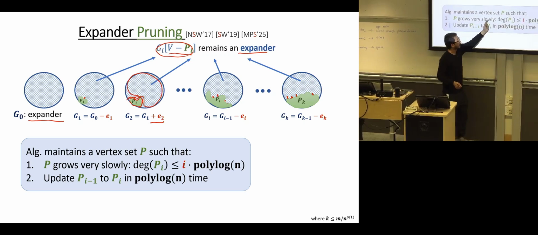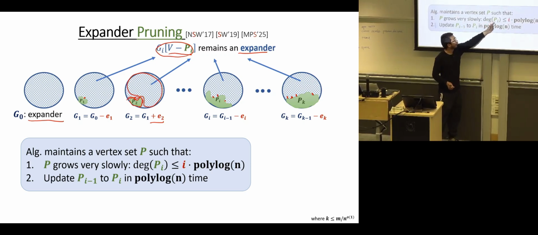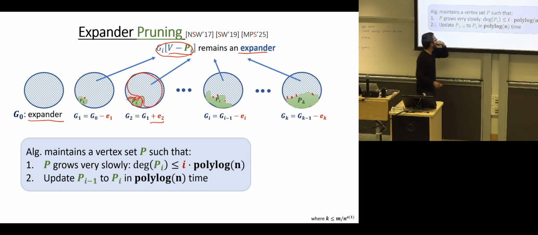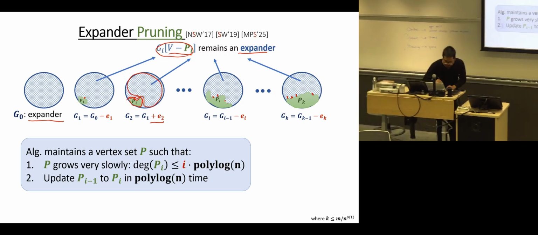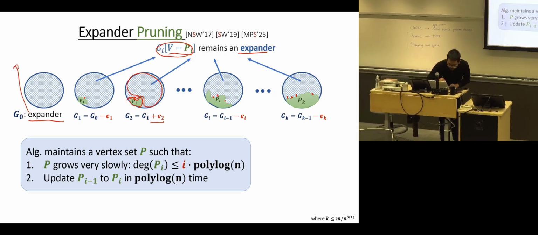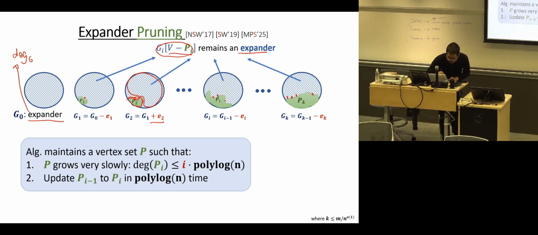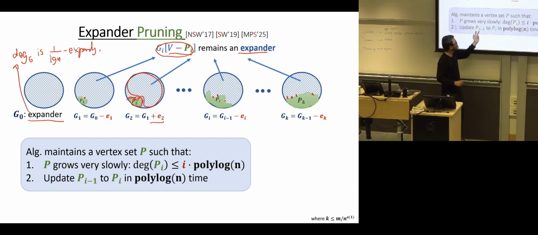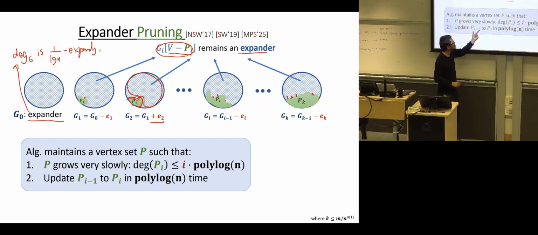After the i-th update, the total degree of P_i is around i times polylog. And by expander here, I mean that the expansion of G is 1 over, let's say, log. And the update time to compute P_i from P_{i-1} is just polylog time.